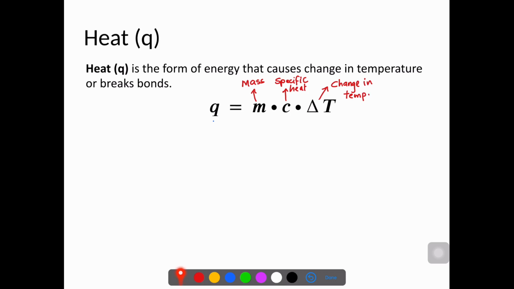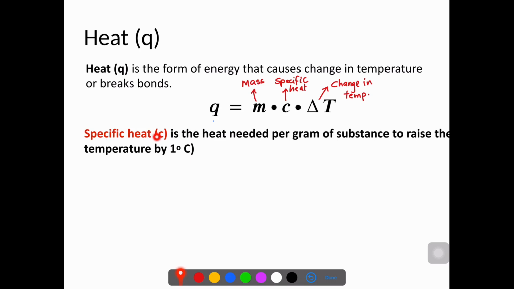So what is C? C, the specific heat, is defined as the heat needed per gram of substance to raise the temperature of that substance by 1 degree Celsius. That's what specific heat means. For example, the specific heat of water is 1 calorie.